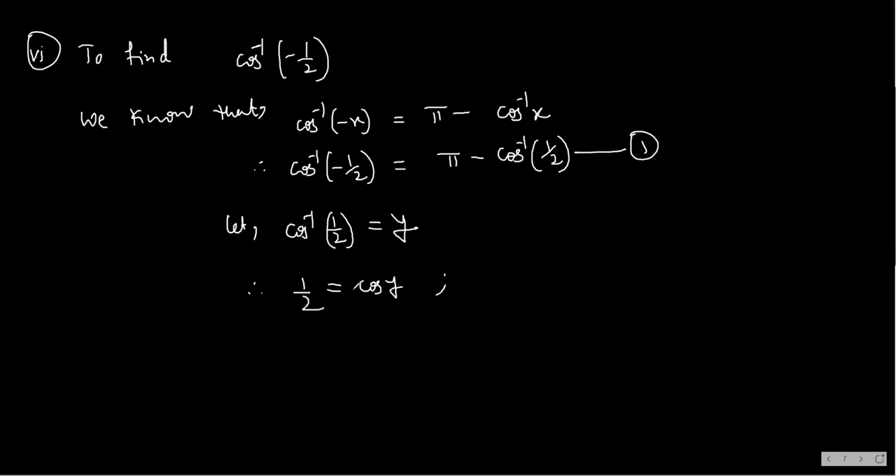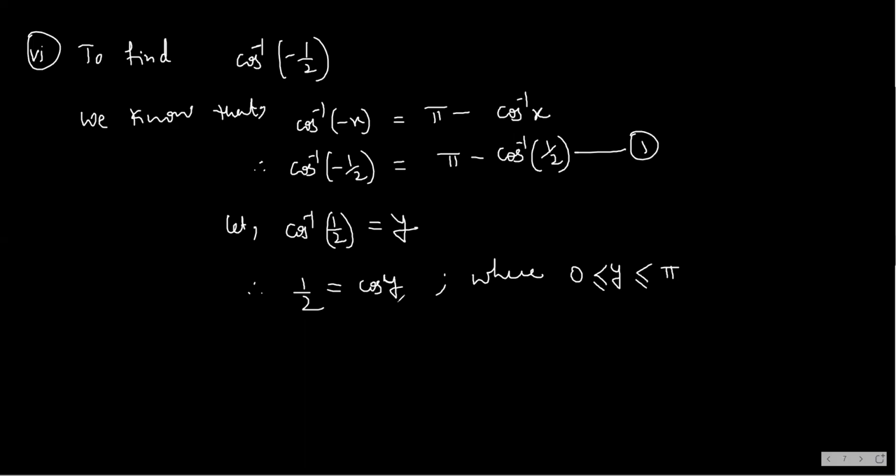When you are defining this way, it means you are defining the inverse of cos. And then this angle has to be in between 0 and pi. So you will write where y is greater than or equal to 0 and less than or equal to pi.